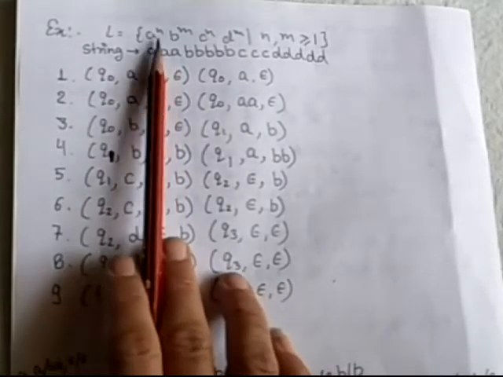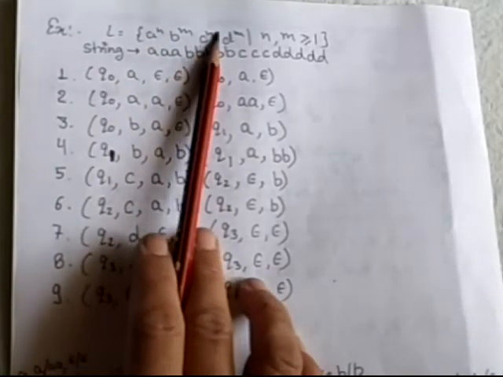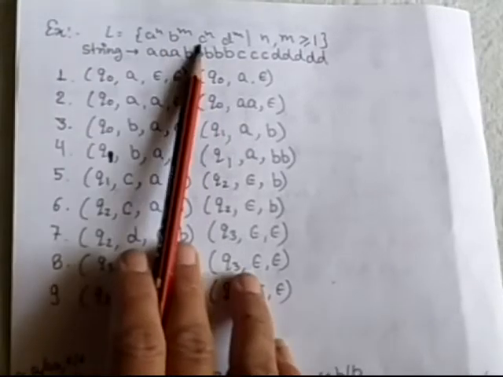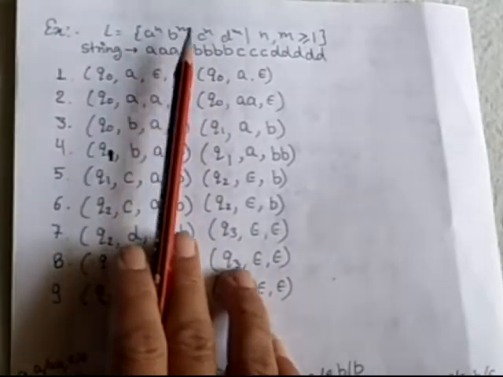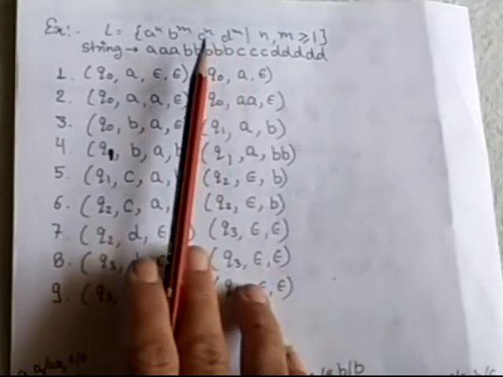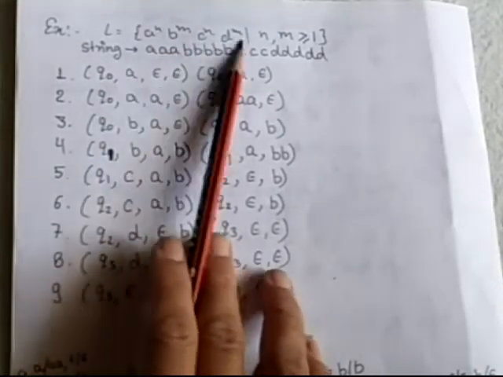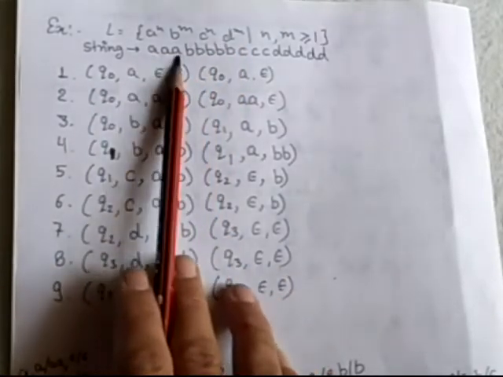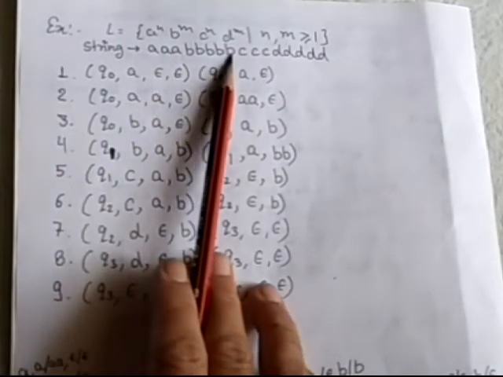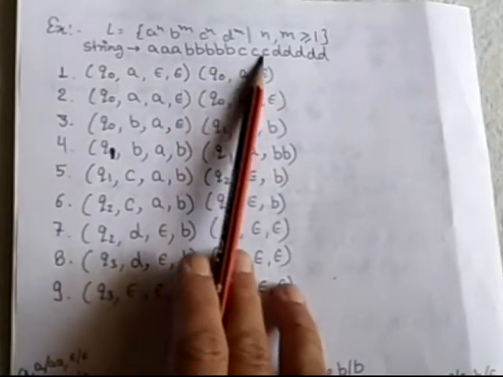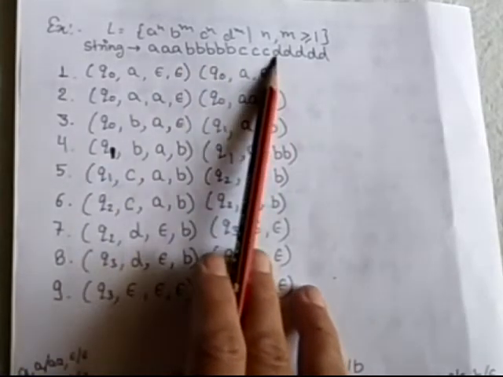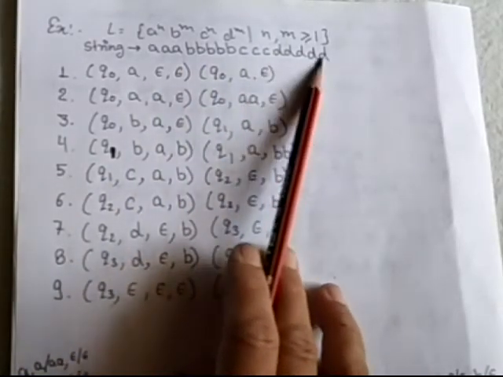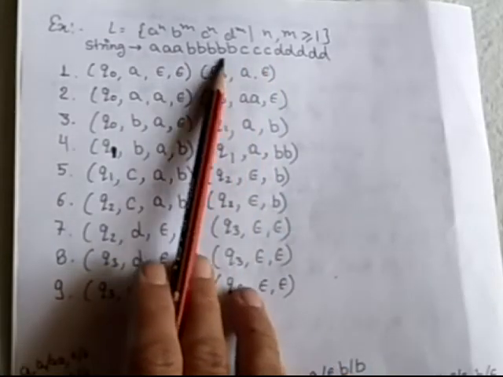A to power n and C to power n means the number of A's and C's are equal. Similarly, B to power m and D to power m means the number of B's and D's are equal. So: A's, then B's, then C's equal to the A's, then D's equal to the B's.